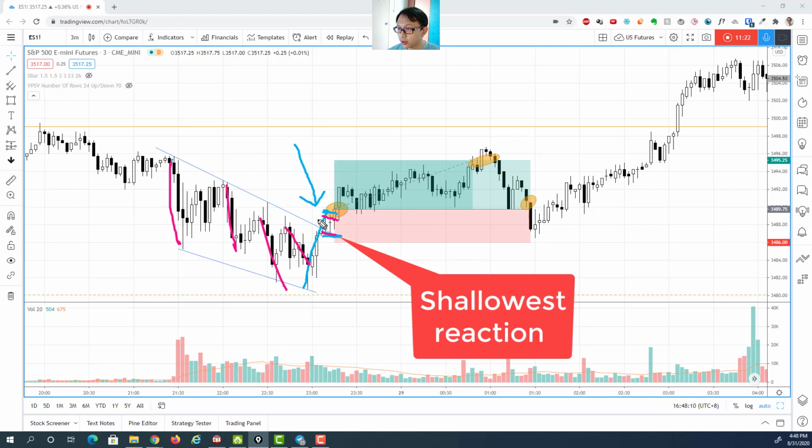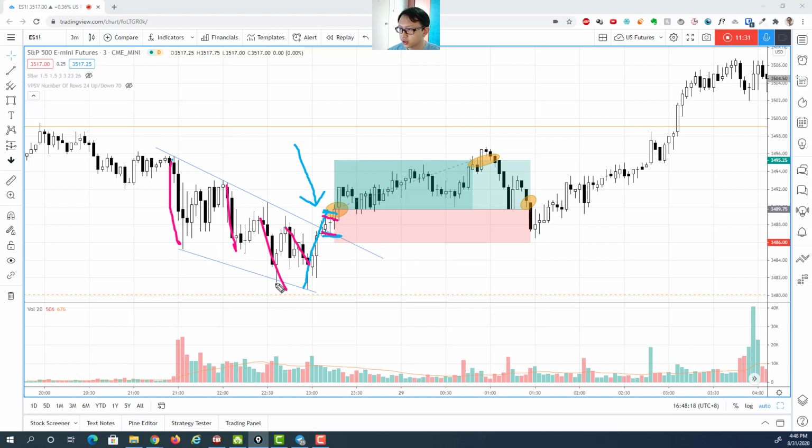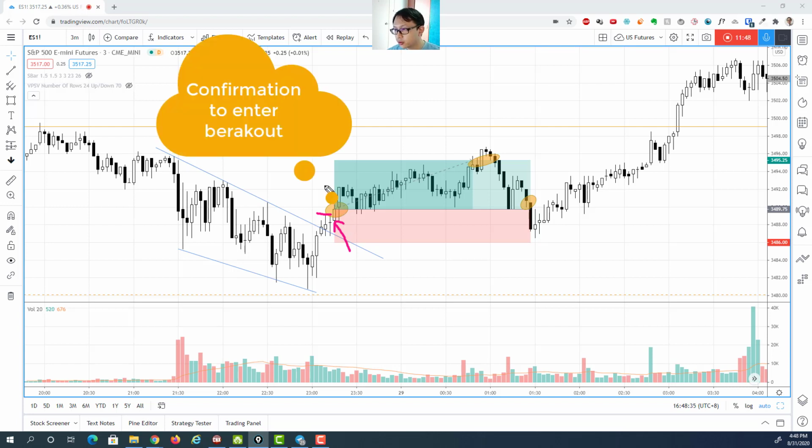So we have the up wave together with the greatest shallow reaction that we have seen from this descending wedge. So definitely this gives us a confirmation to go ahead, and what I would like to do is definitely trade this kind of breakout. And this bullish bar here actually plays as a confirmation bar.